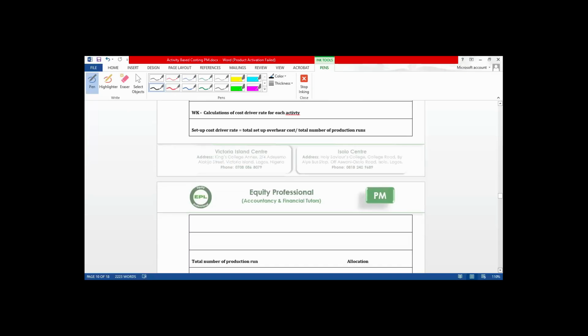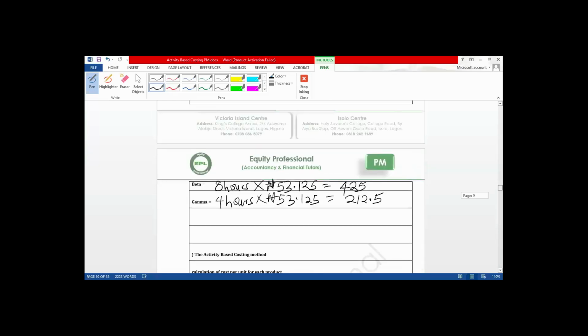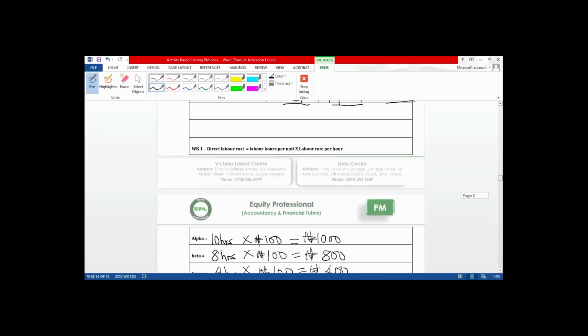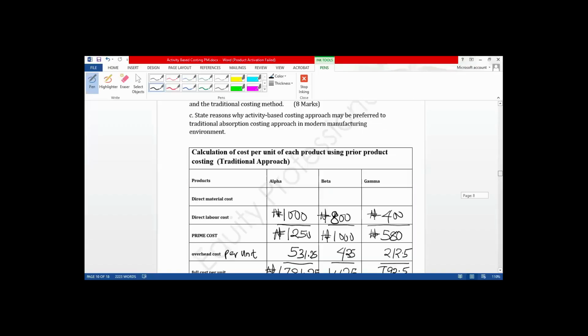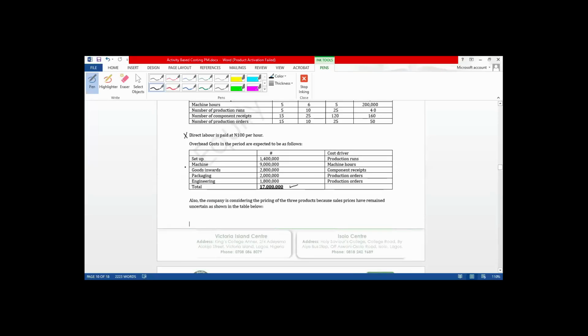Activity number one, look at the list. Activity number one: setup overhead cost.